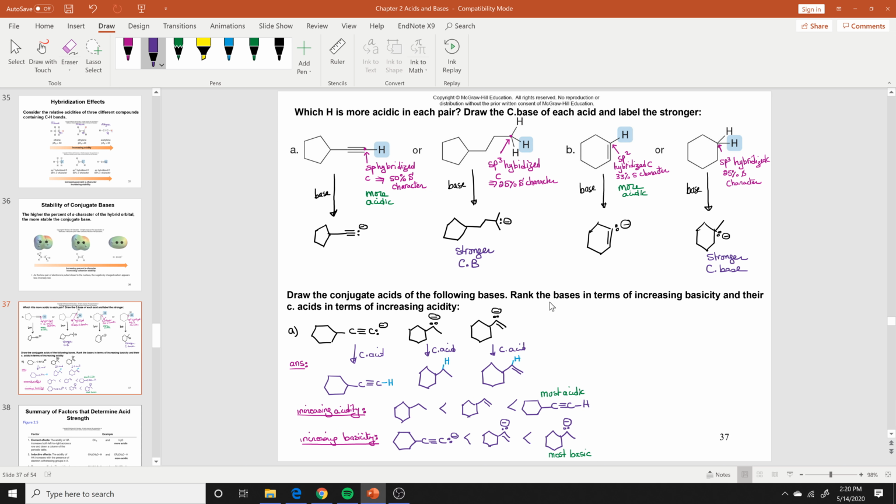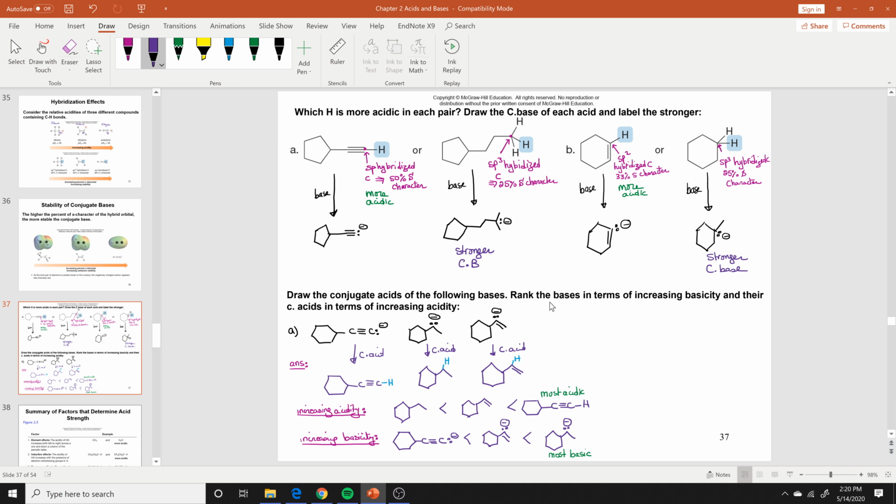This is an sp3 hybridized carbon. This is its conjugate base. This is going to be a less stable conjugate base, so its acid is going to be less acidic. It is pretty much a stronger base than this structure over here.